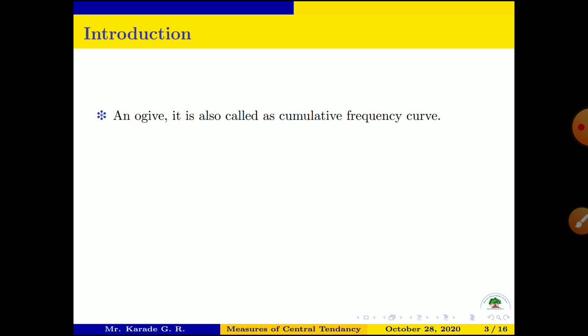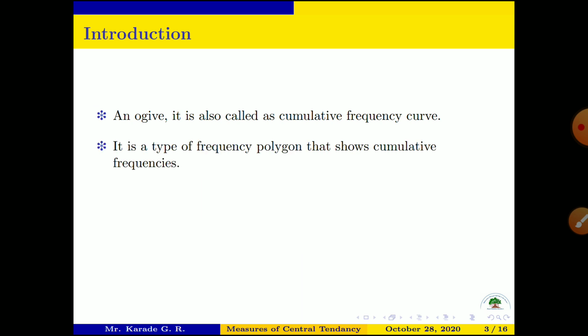An Ogive curve is also called a cumulative frequency curve. It is a type of frequency polygon that shows cumulative frequencies.